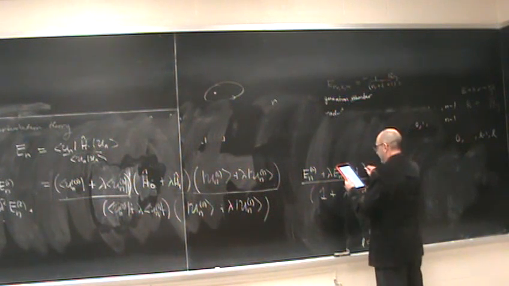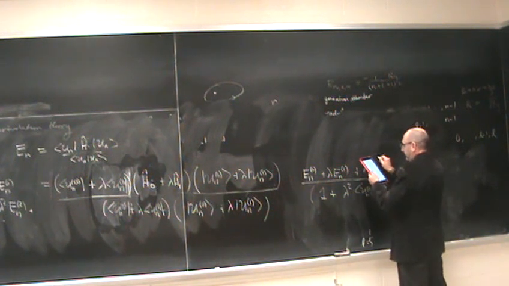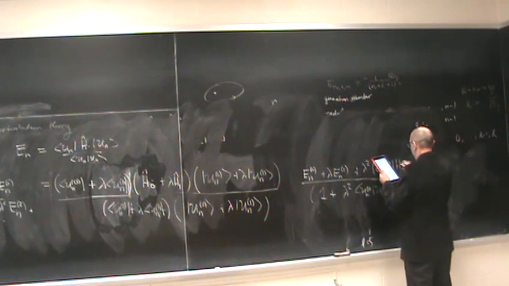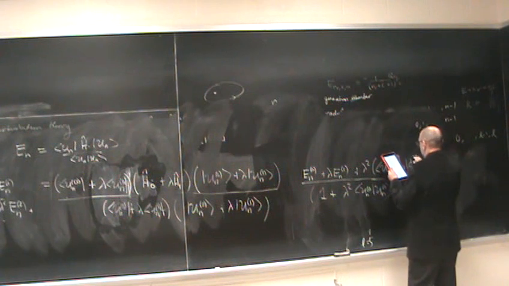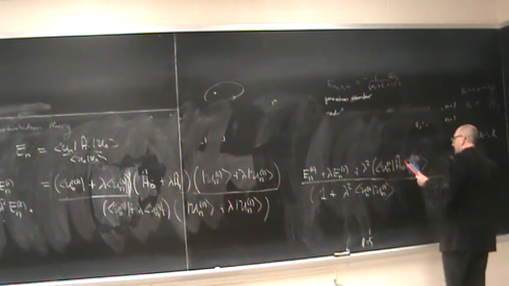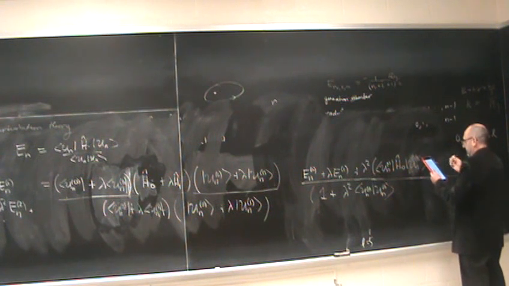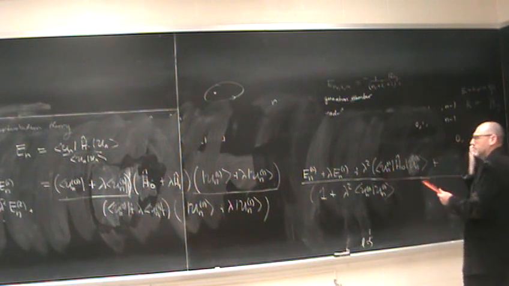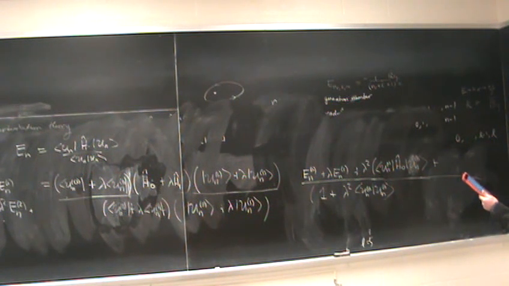So then I have lambda squared times UN1 H0 UN1 plus, hold on a second, that doesn't look right.